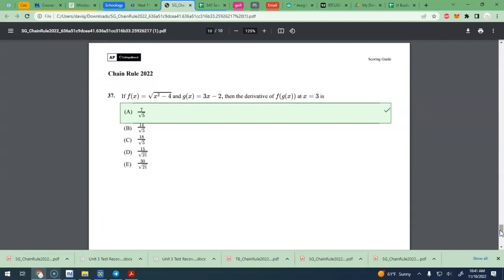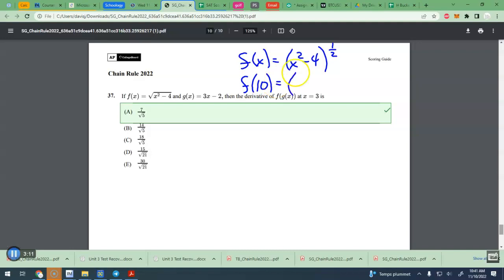So it's actually similar. So like f of x is, I would write it as x squared minus 4 to the 1/2. And then I want to know what f of g of x is so I can take the derivative. So, again, just as an example, f of 10 would be plug in 10 squared minus 4 to the 1/2.